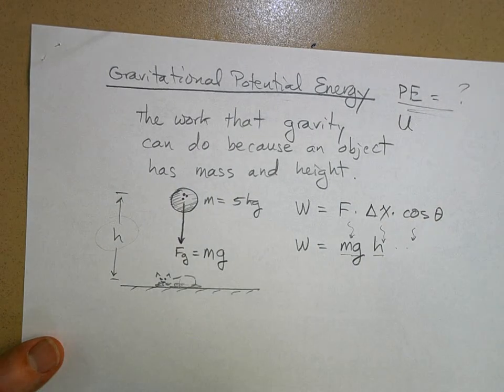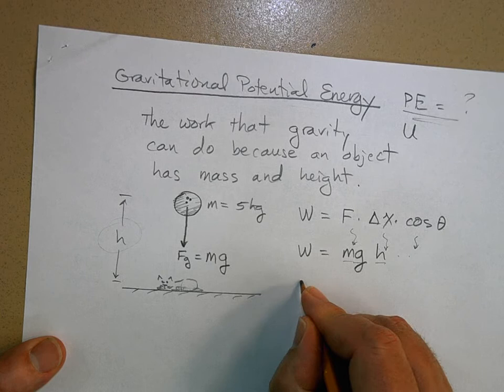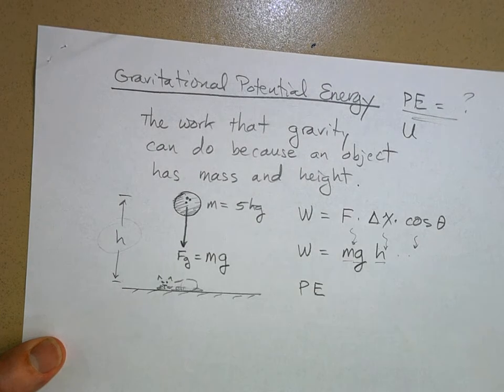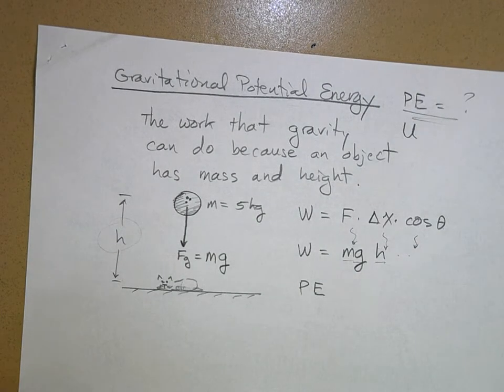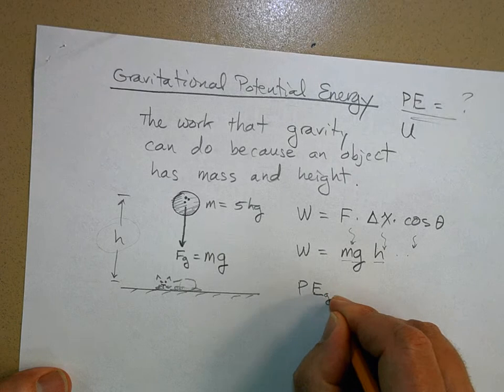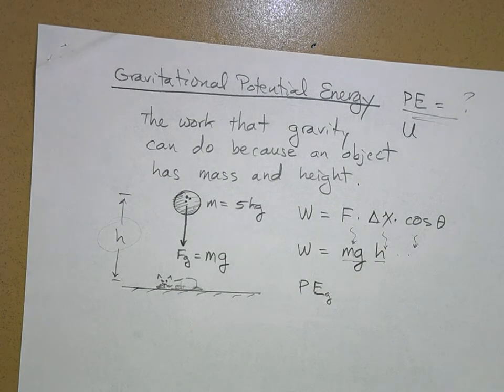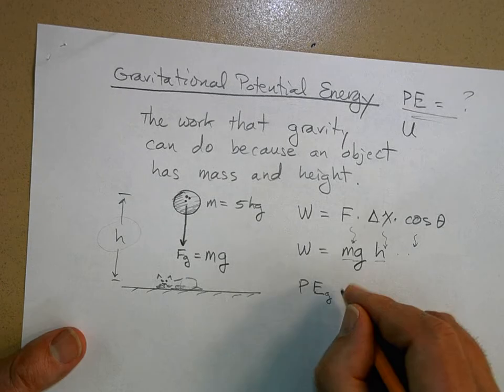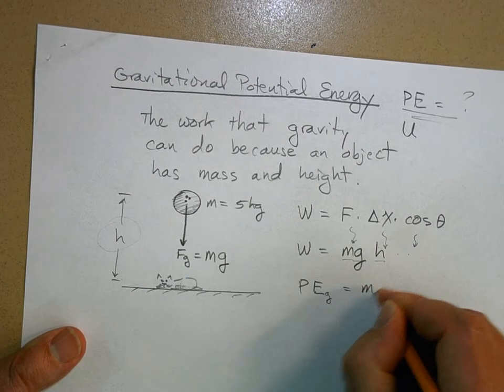Okay, so we're going to call this potential energy. Now I'm going to put a little subscript on it, little g, spells PEg. Okay, a little g. And what does that g stand for? Gravity. There's always somebody out there. Okay, and this is going to be equal to mgh.